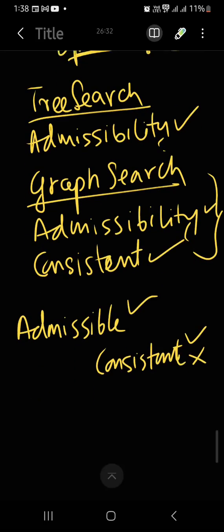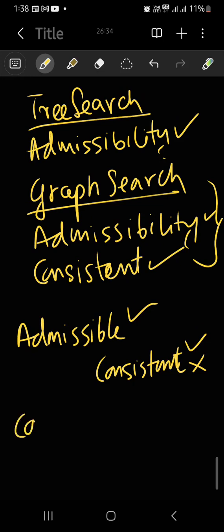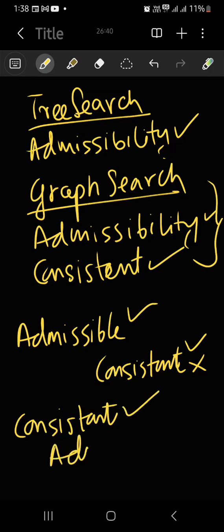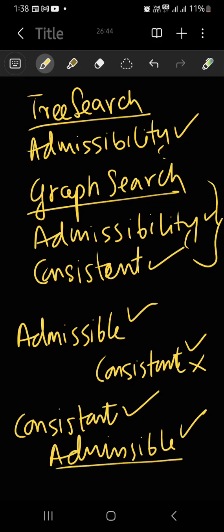So it depends. But if something is consistent, then it is bound to be admissible. Admissibility is the primary criterion and consistency is the secondary criterion. So if the secondary criterion is satisfied, then the primary criterion is bound to be satisfied.